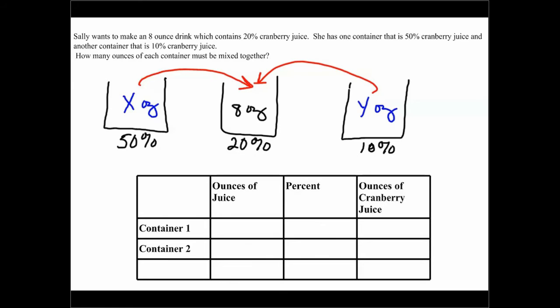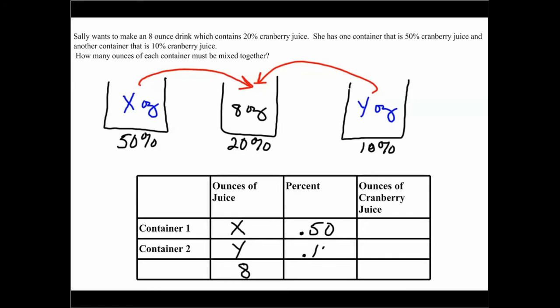I've set up a table to help organize our data. So ounces of juice in container 1 is x. Ounces of juice in container 2 is y. We mix the two together, ounces of juice will be 8. Percent of cranberry juice in the first container is 50%, 0.50.